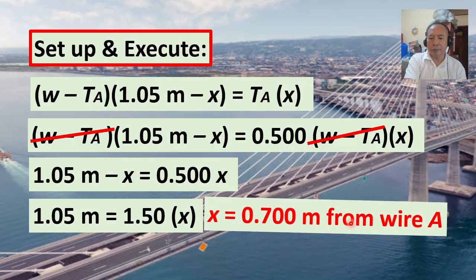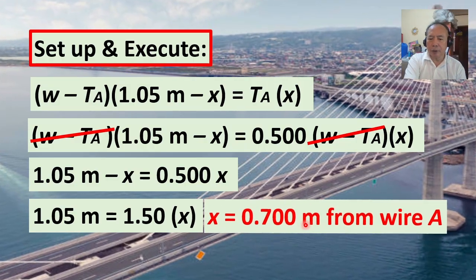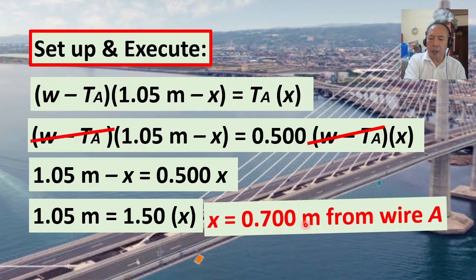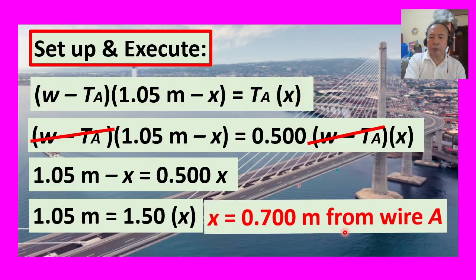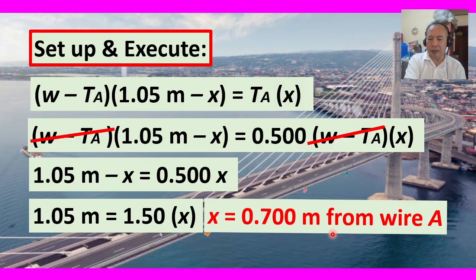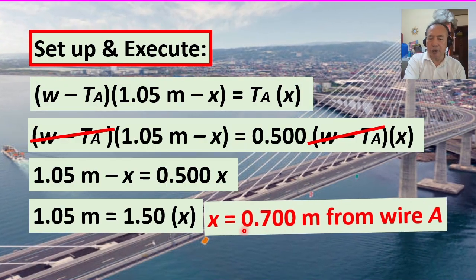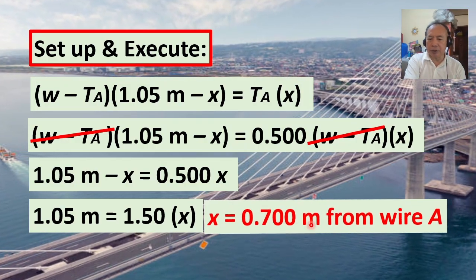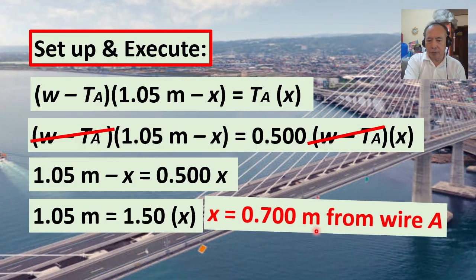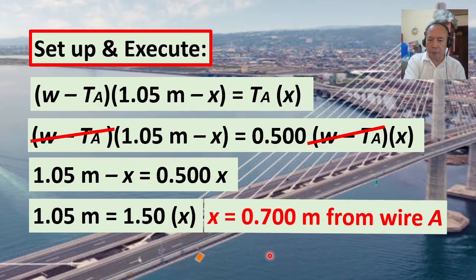And x here is measured as the distance of the point where the weight W must be suspended from wire A, or 0.700 meters from wire A. That is our final answer to the question in part A.